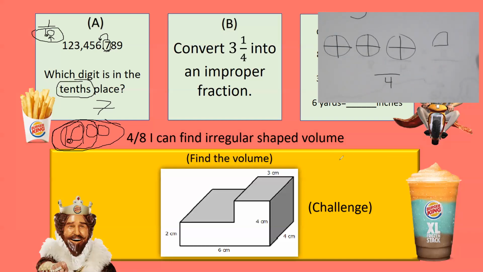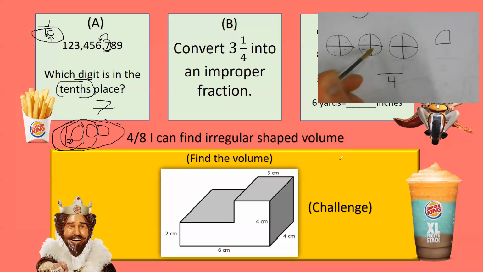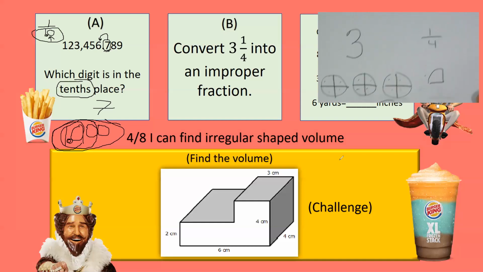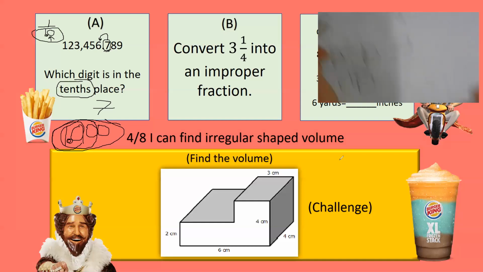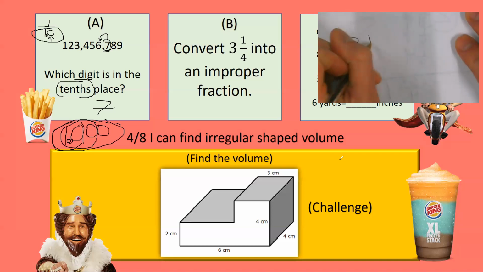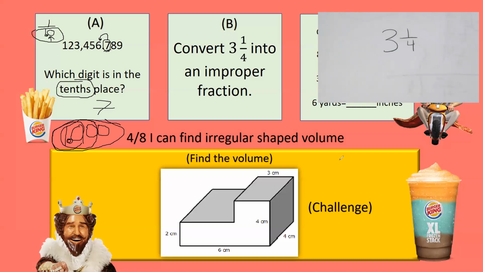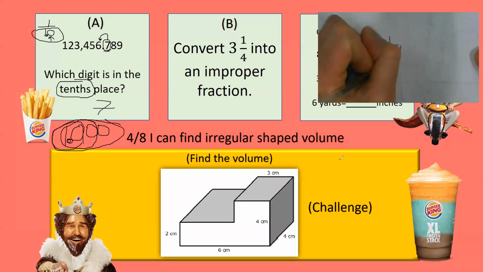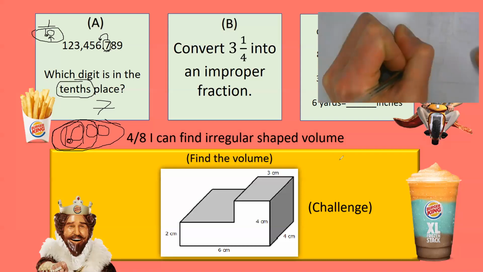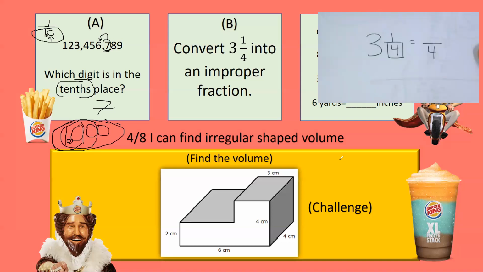Well, each whole is worth 4 fourths: 4, 8, 12, 13. So 3 and 1/4 is equal to 13 fourths. And remember, the actual formula for this is when you have 3 and 1/4 and we want to turn it into an improper fraction, you take the denominator, you say, oh, I'm going to turn it into only that denominator.